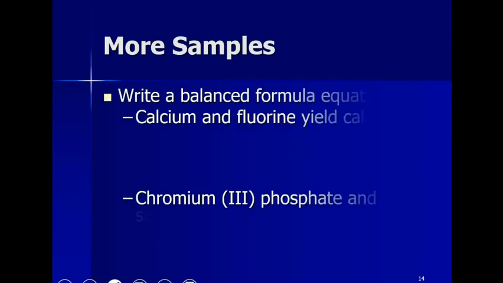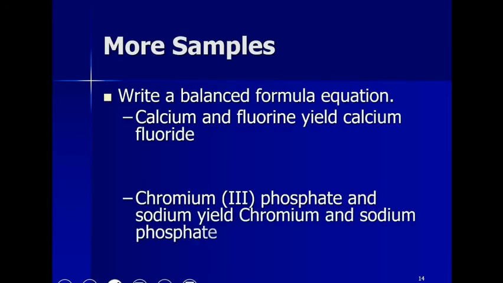So let's look at some more sample problems. Write the balanced formula equation for calcium and fluorine yield calcium fluoride. So calcium is just that, and actually calcium regularly exists as a solid at room temperature, and fluorine. Now the thing to remember with fluorine is it's one of your diatomic molecules.